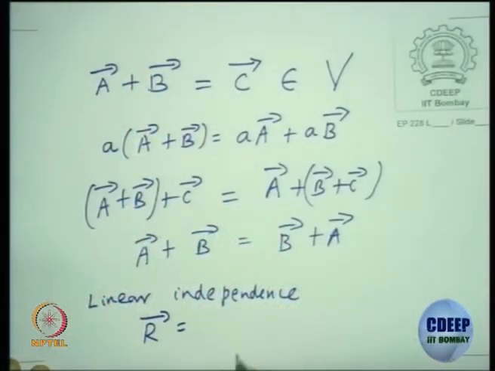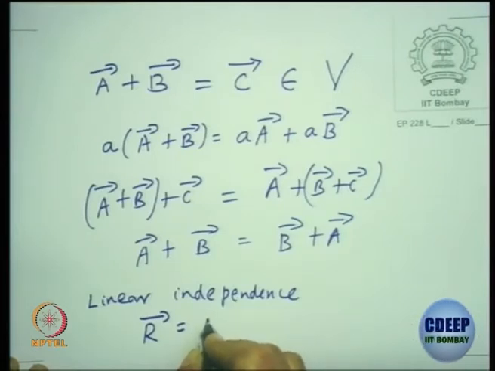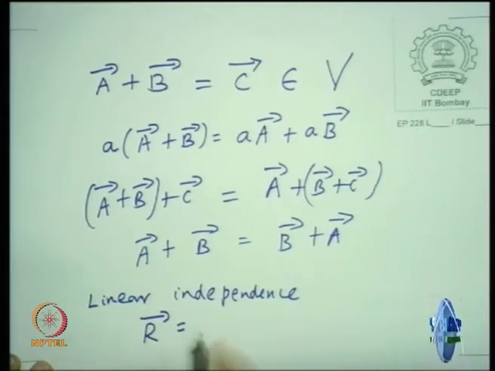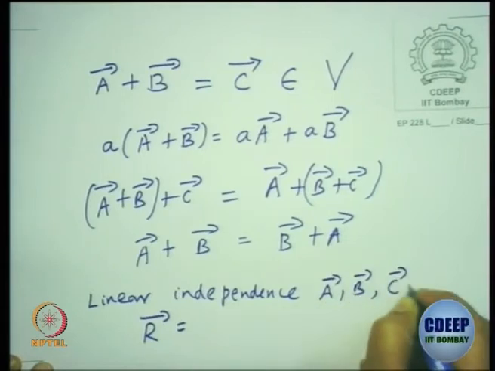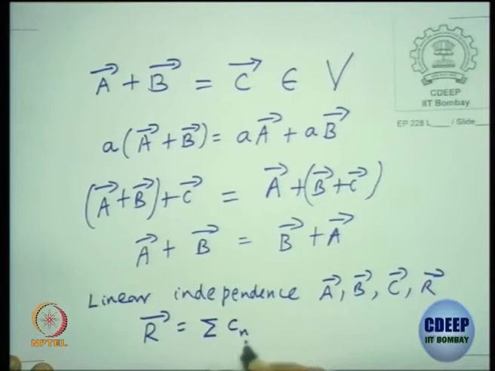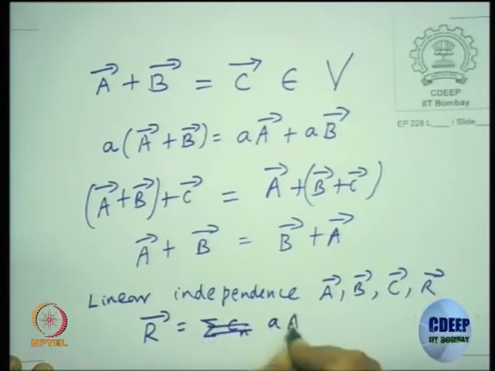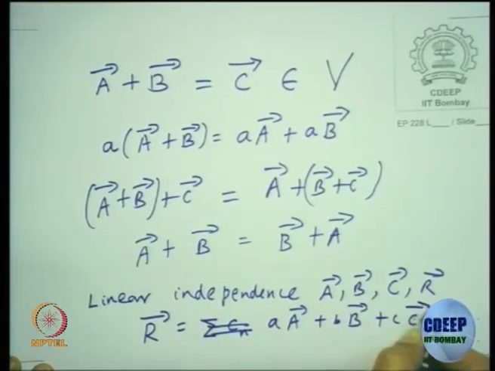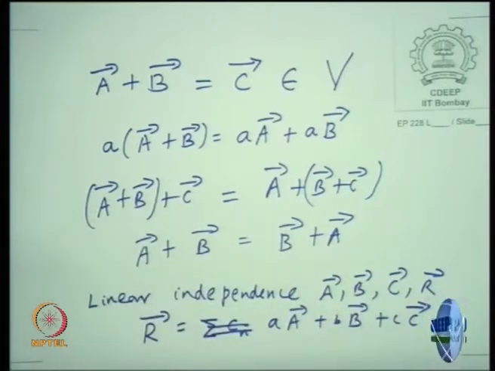Okay, so there the condition is that if you give an arbitrary vector R, and suppose each of those are given, and if this arbitrary vector R is a linear combination of those vectors, or if you are given a set of vectors A, B, C and R, and if R is some linear combination, let me write it as a times A plus b times B plus c times C, and if these coefficients a, b and c are 0, then you would say that the set is linearly independent.